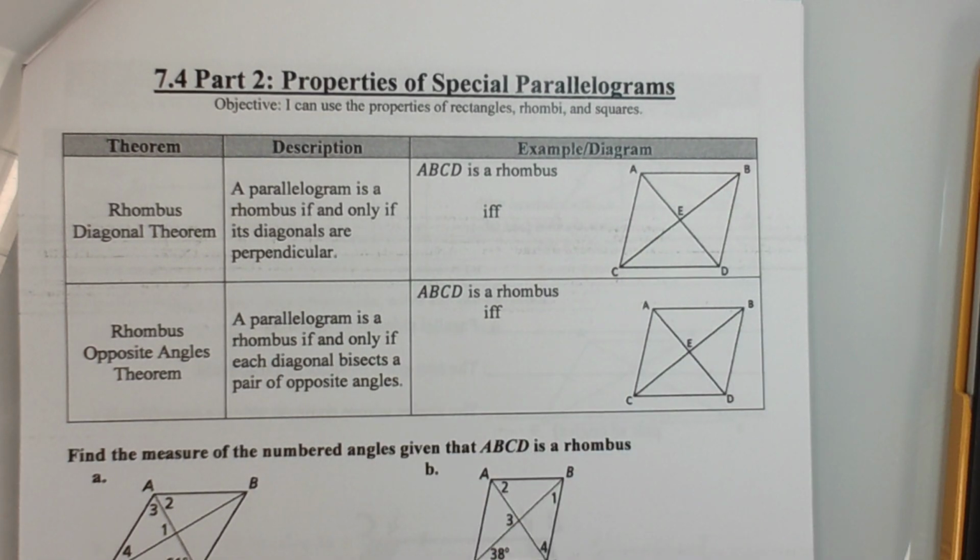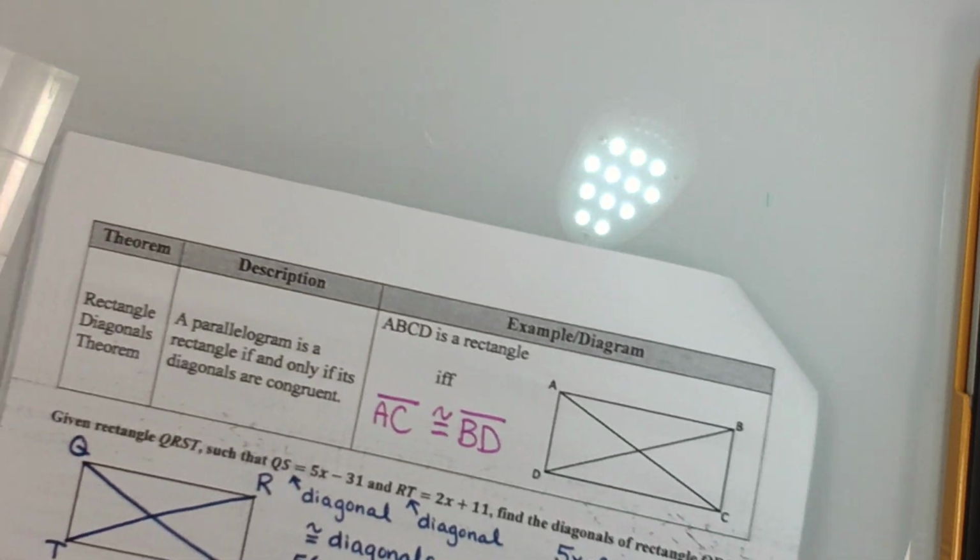Yesterday, we started talking about special types of parallelograms. Those special types of parallelograms included rectangles, rhombi, and squares. Now, yesterday we focused in on the rectangle piece.